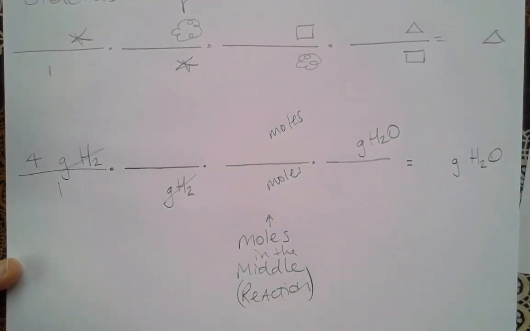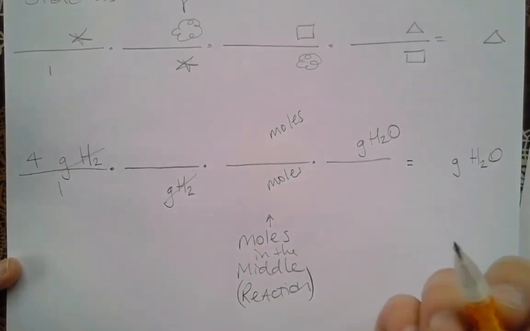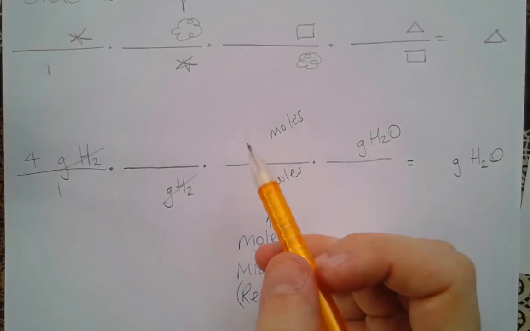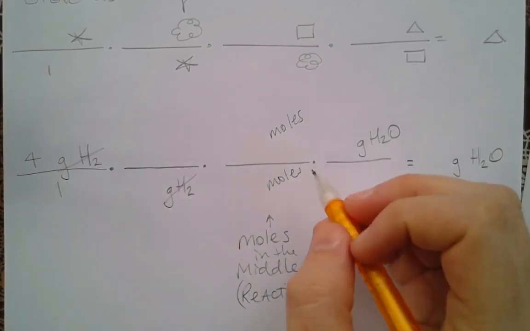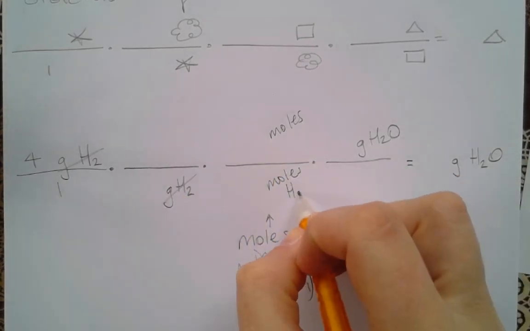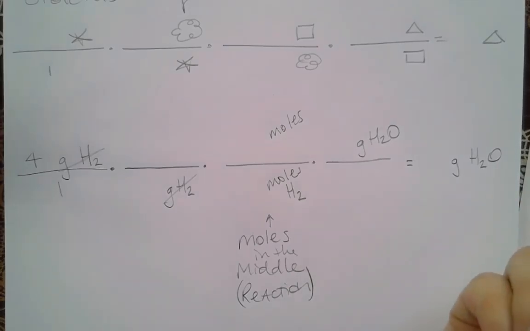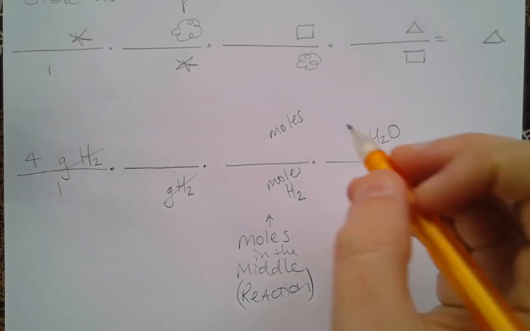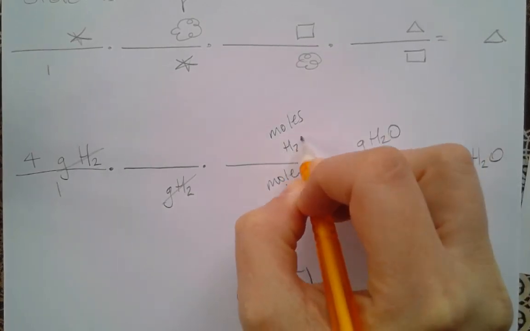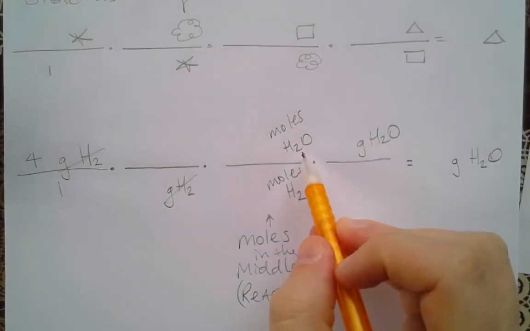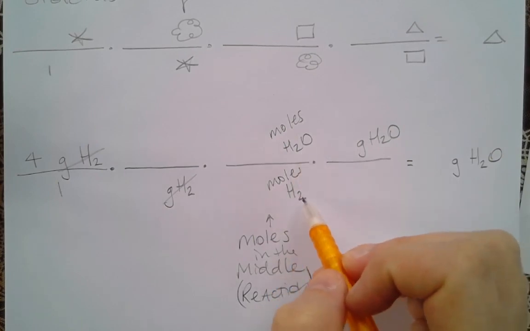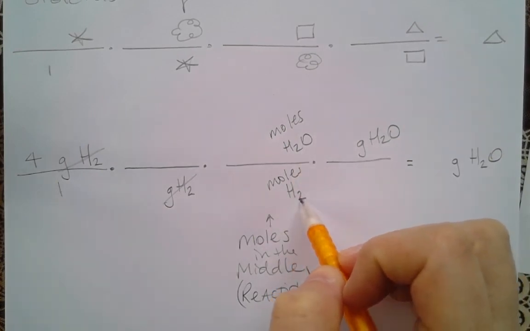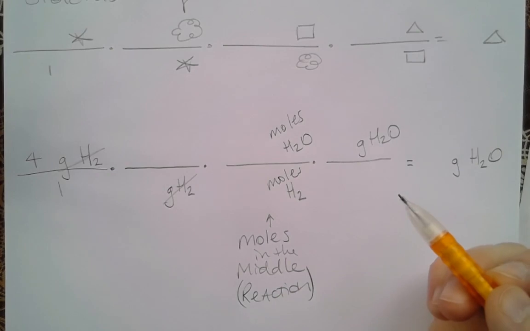That is the step where one thing turns into the other thing. We're going to be canceling out H2. You're starting with H2. That's your starting thing. You're solving for H2O. You want H2O to wind up on top. So we're going to put the moles of the thing that you want on top, the moles of the thing you're getting rid of on the bottom. That's your mole ratio step.